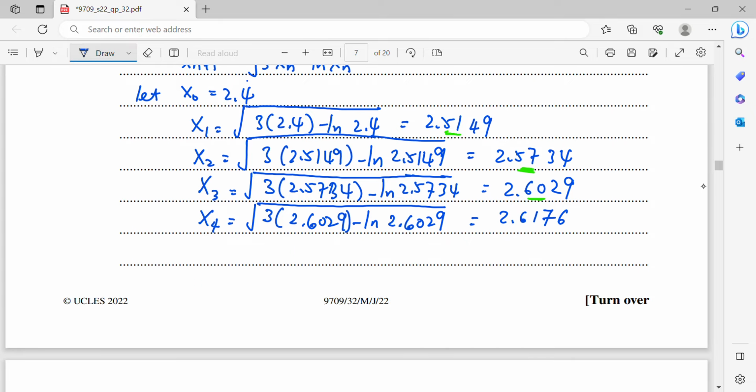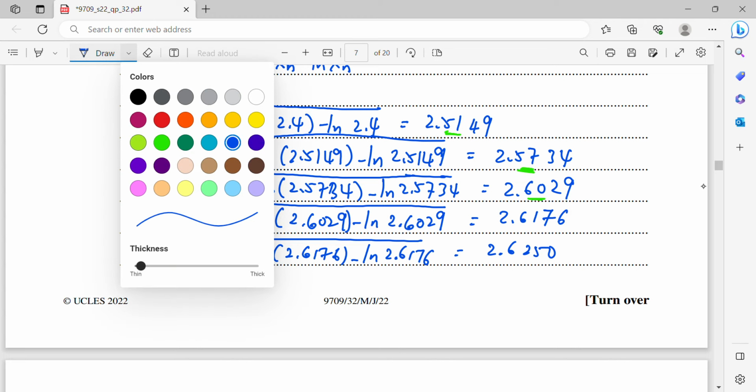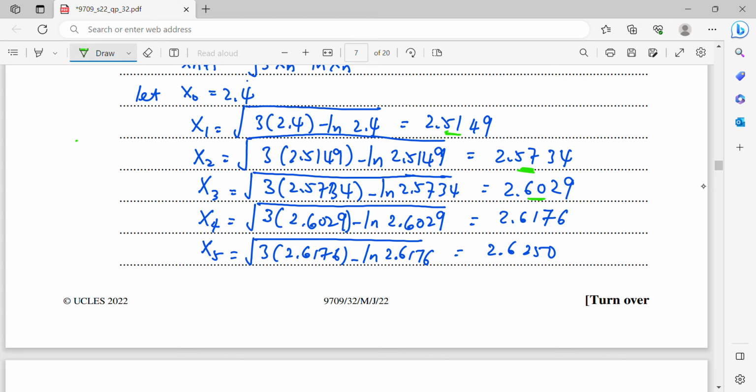Okay, so we need to continue. x5 equals the square root of 3 bracket 2.6176 minus ln 2.6176. So now it becomes 2.6250. Okay, so now when you check, when you round off the third decimal place, it becomes 63. But the previous one, when you round off the third decimal place, it becomes 62.